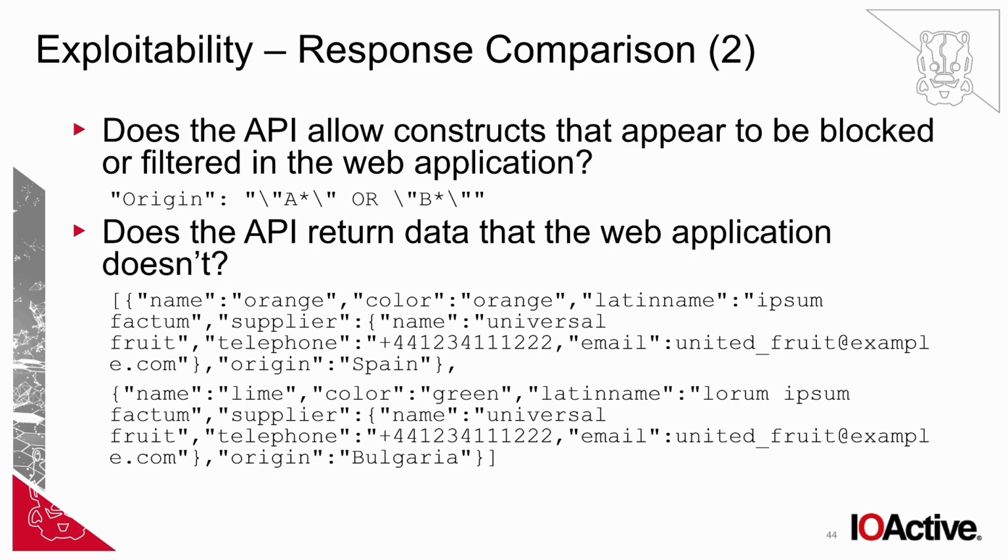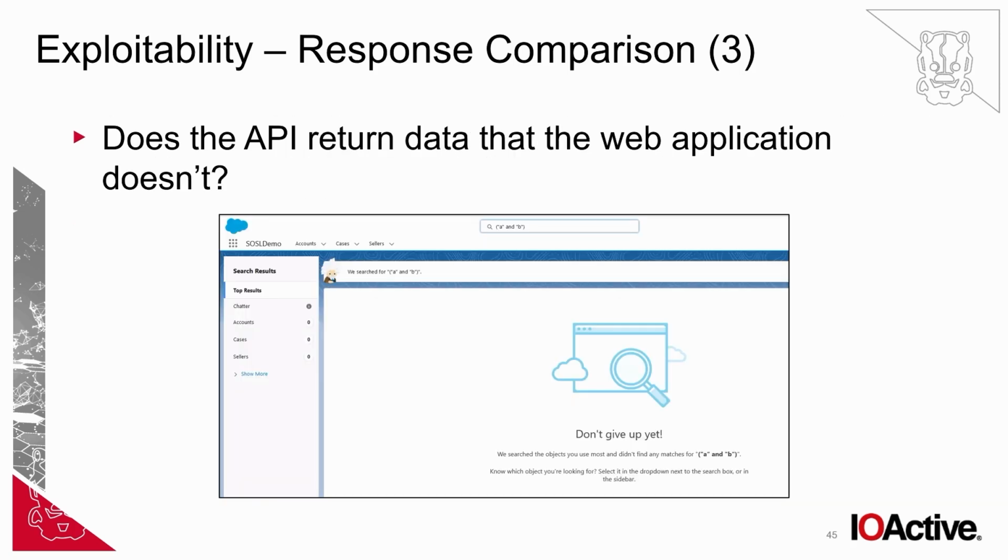And if that was something that was blocked within a web application, or if it's returning data that the web application doesn't, you've again got some vulnerability that you can report back and look at fixing. So we've got there an API bringing back data that the web application doesn't.